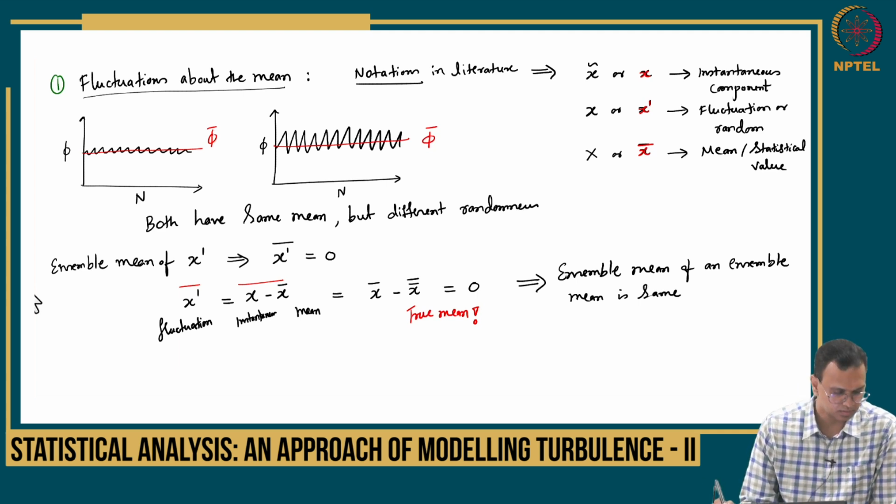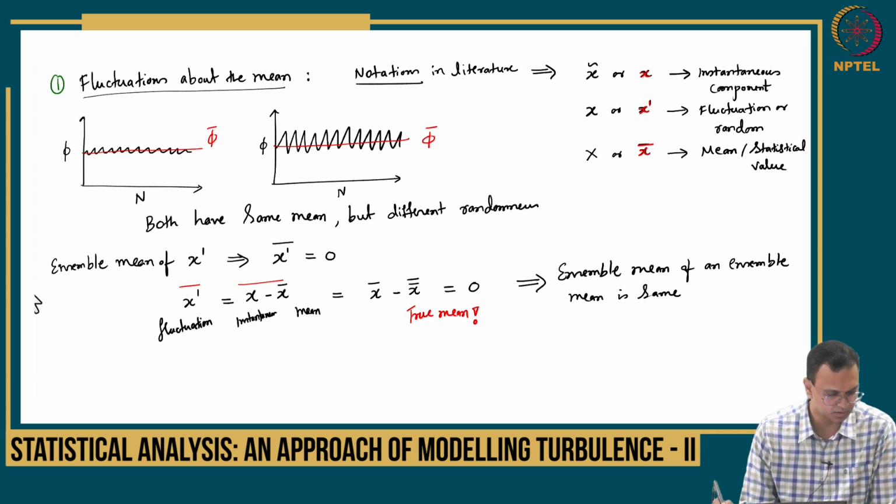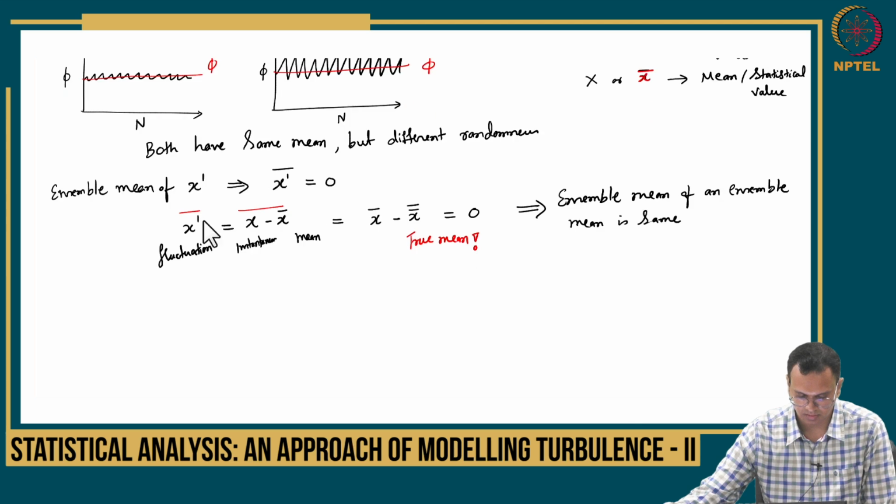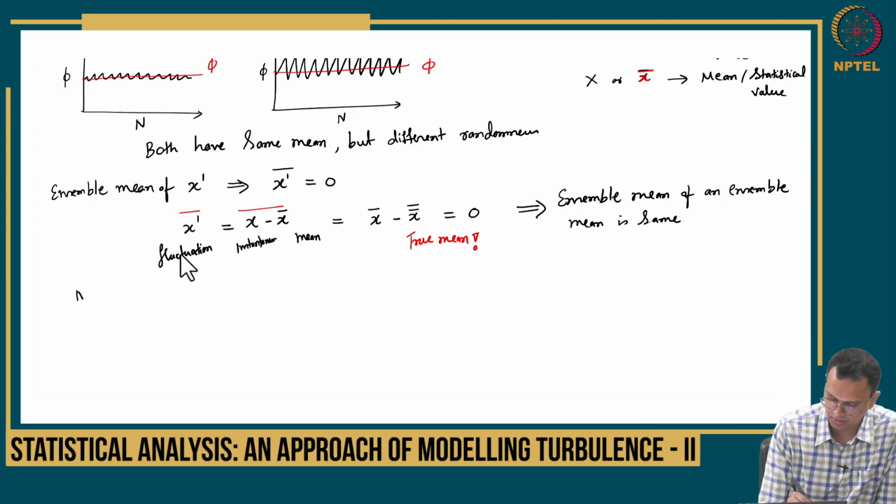It doesn't have any new changes in it, and therefore x prime over bar is 0. If it is not 0, that means this has become an arithmetic mean.